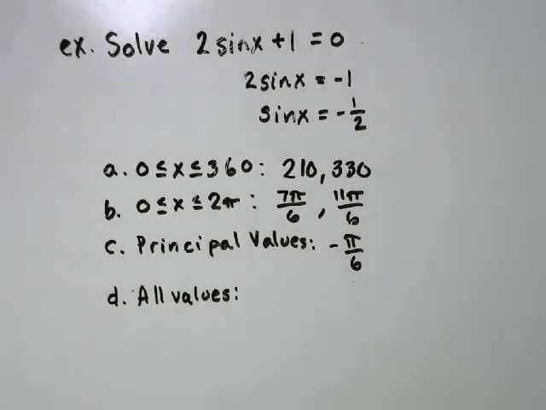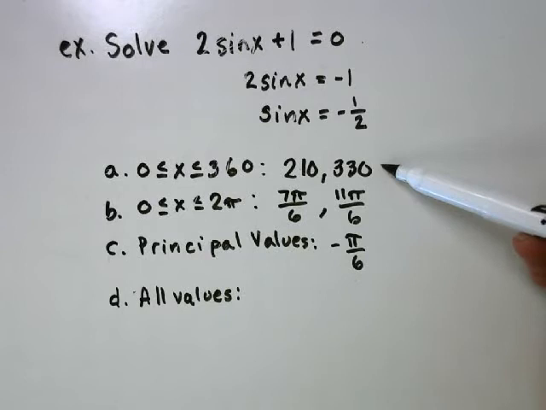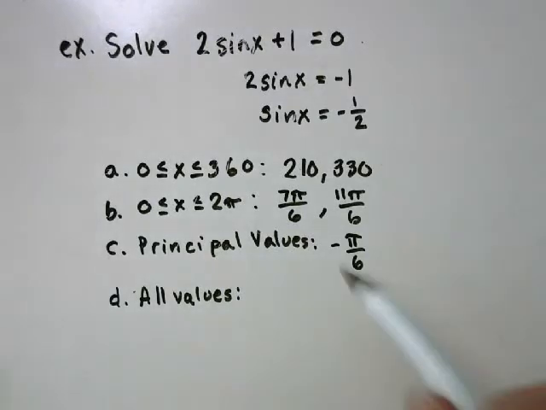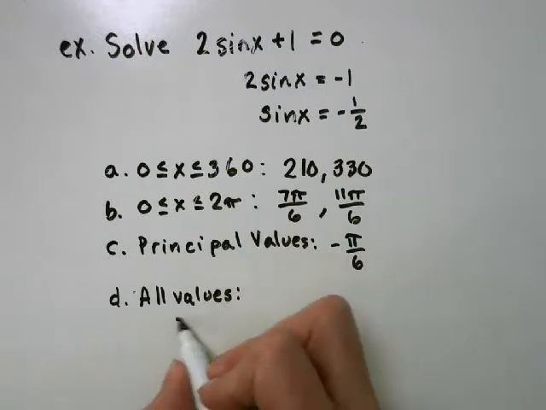Okay, lastly, let's say I want all of them. To do that, we're going to take the two unit circle values and add either 2 pi k if we're talking about radians or 360 k if we're talking about degrees. So I'm going to just do radians.